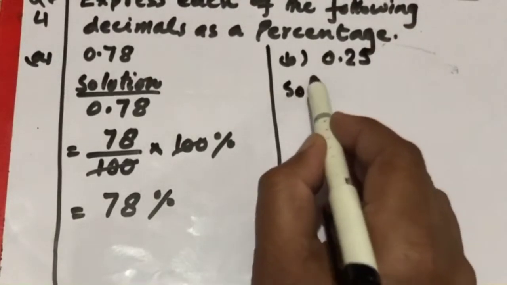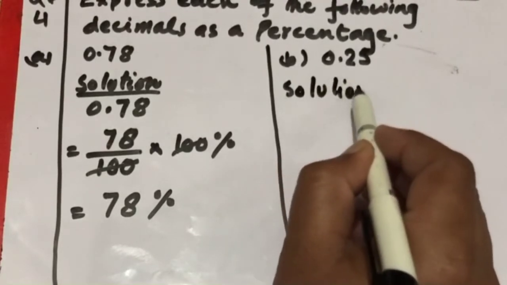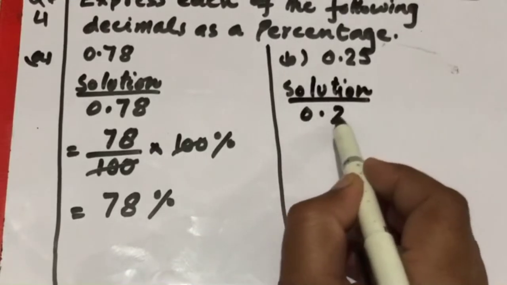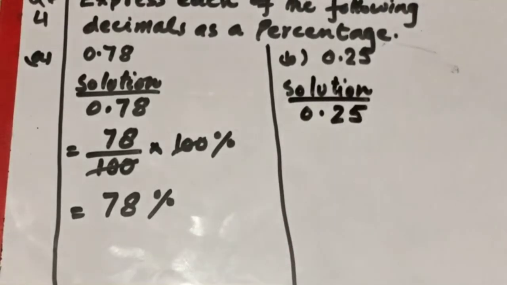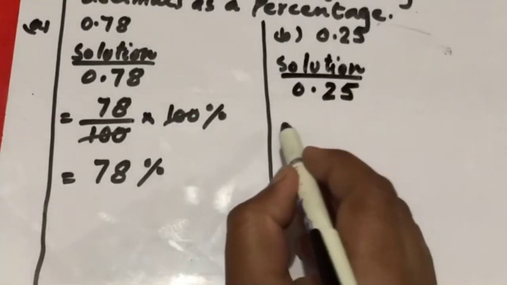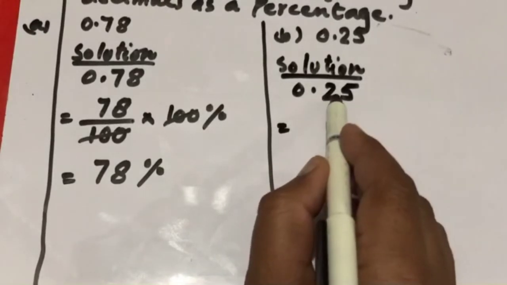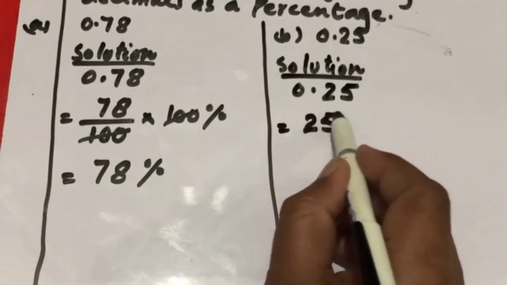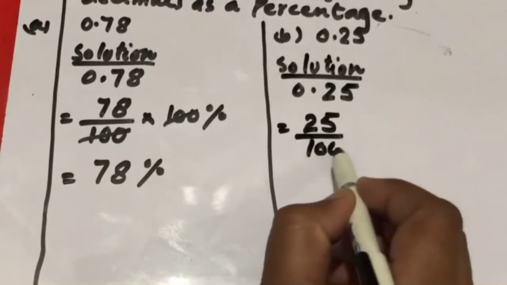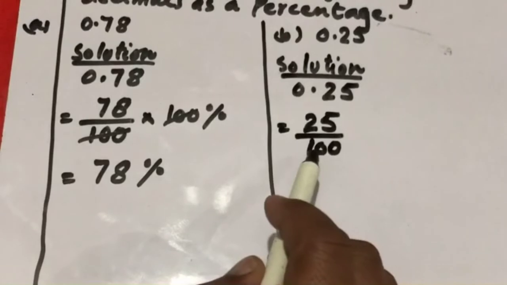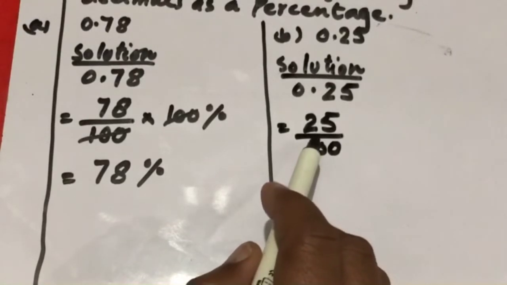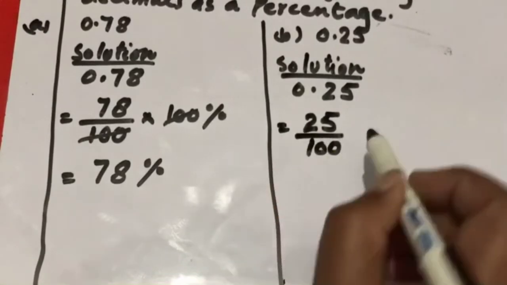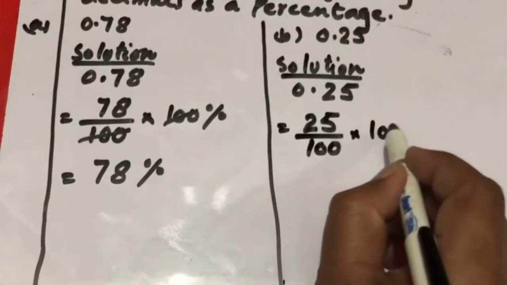So in the solution, we will write the decimal number 0.25 as it is. First of all, we will convert the decimal number into fractional form. It becomes 25 by 100. Now we have the fraction. Now we are going to convert it into a percentage, so we will multiply this fraction by 100%.